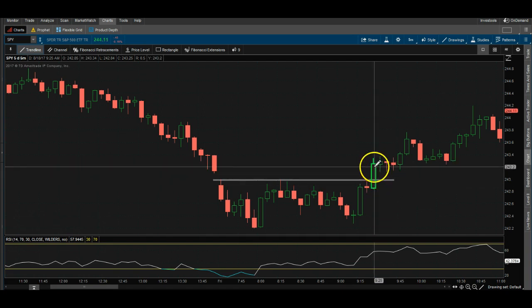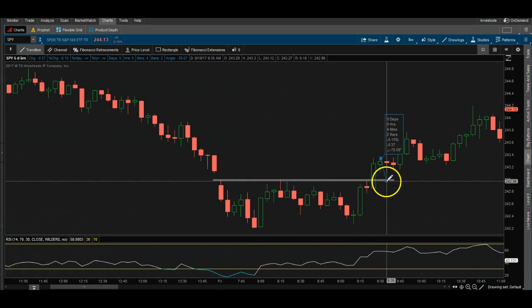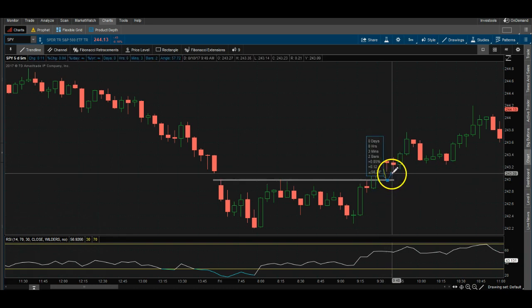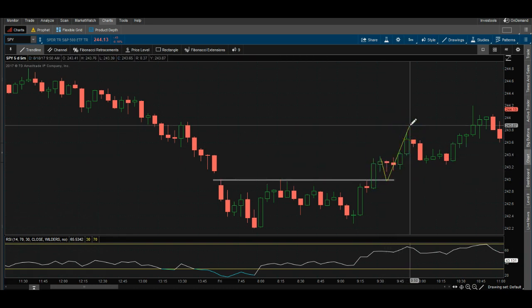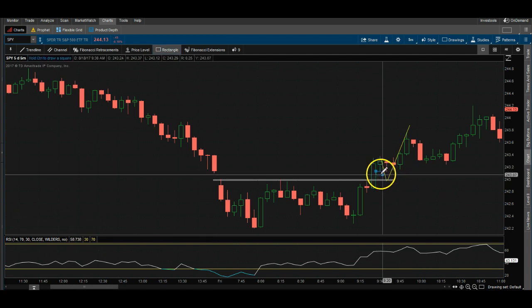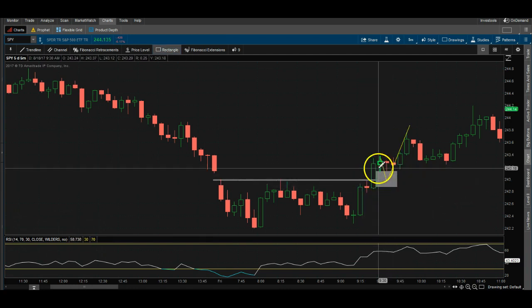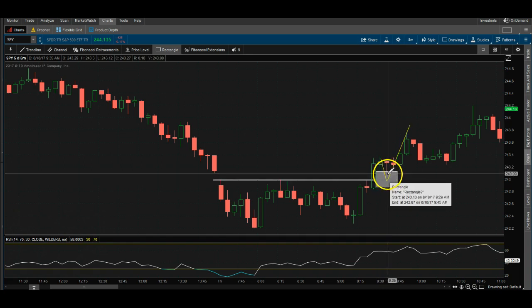On that breakout, what you want is price to break out, pull back, retest, and then move higher. This is your sweet spot. This pullback to this level is where you want to enter the trade.